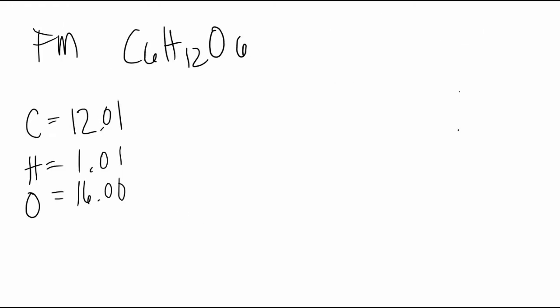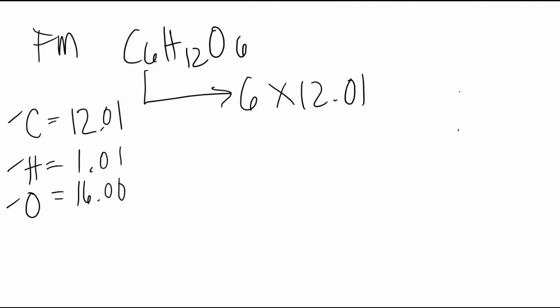So, let us recall how to get the formula mass of a compound. Of course, we have to check first the atomic mass of each atom. We have carbon, 12.01. Hydrogen is 1.01 and oxygen is 16. So, doing what we used to do, we have 6 times 12.01 dahil 6 siya. This is 72.06 carbon.